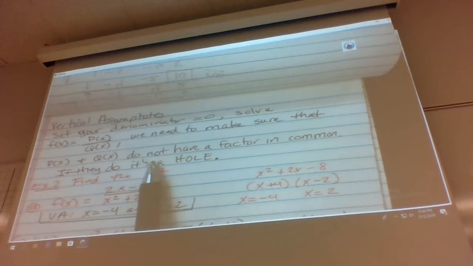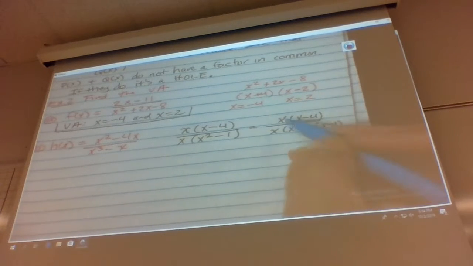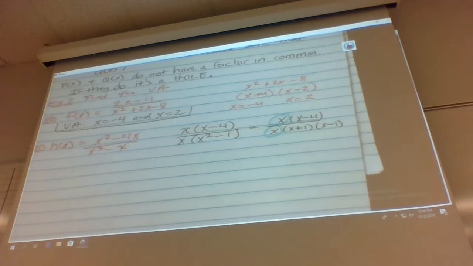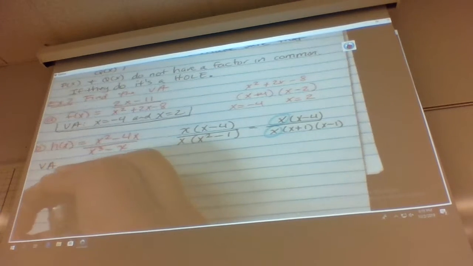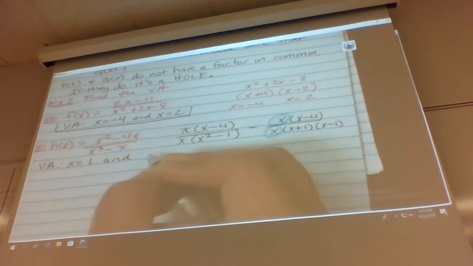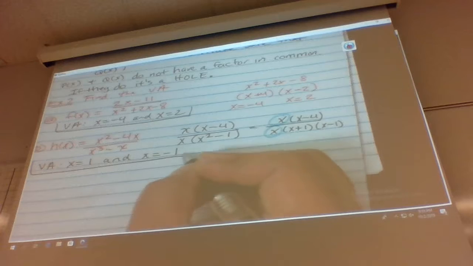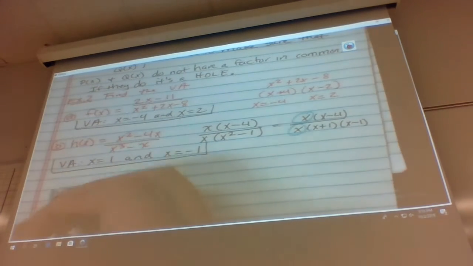So the only vertical asymptotes are x equals 1 and x equals negative 1. If they ask you, what's your hole? x equals 0, because when you set each of these equal to 0, that just stays as x equals 0.